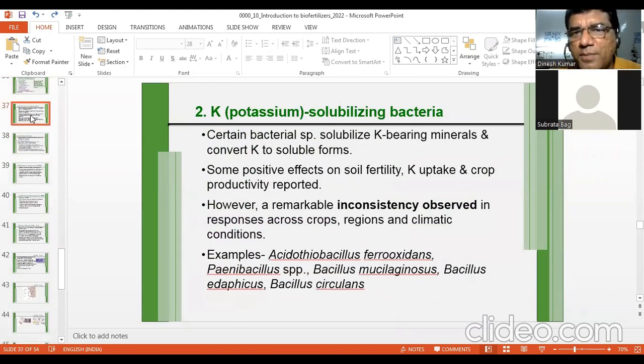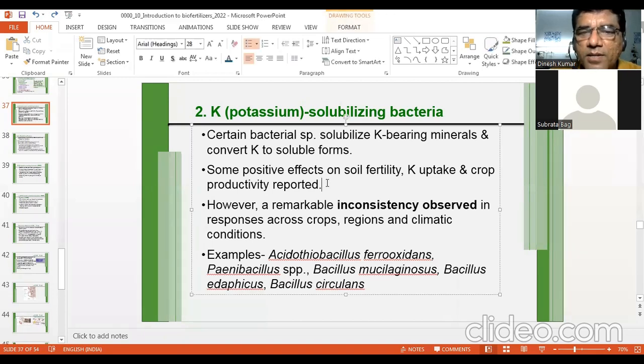Now, K-solubilizing bacteria. They are not in the market, but they are under research, and certain bacterial species solubilize K-bearing minerals and convert K to soluble forms. So inorganic K can be converted into simple available or soluble forms. Some positive effects on soil fertility, K uptake, and crop productivity are reported by many scientists.